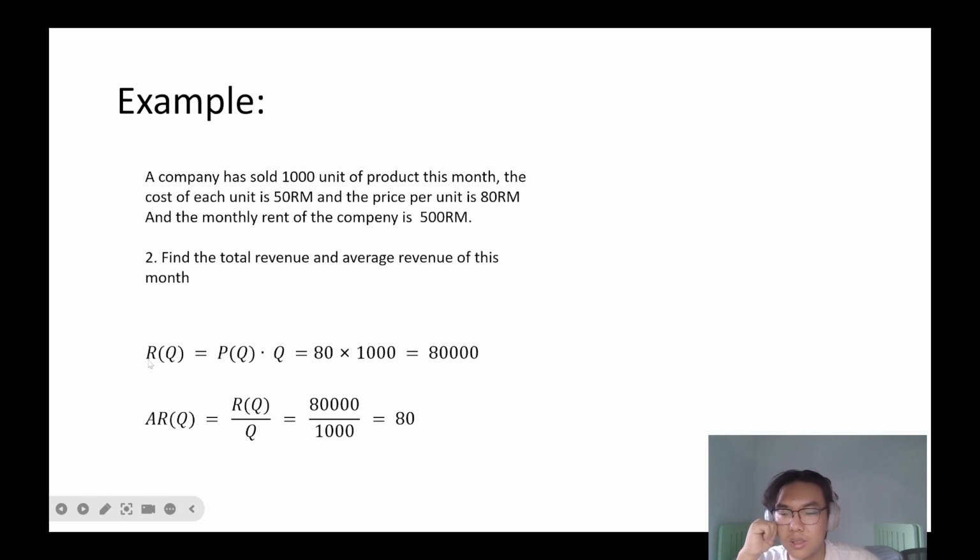So the revenue is the price multiplied by the quantity, which equals 80 multiplied by 1,000, which equals 80,000. And the average revenue is the total revenue divided by the quantity, which equals 80, the same as the price.